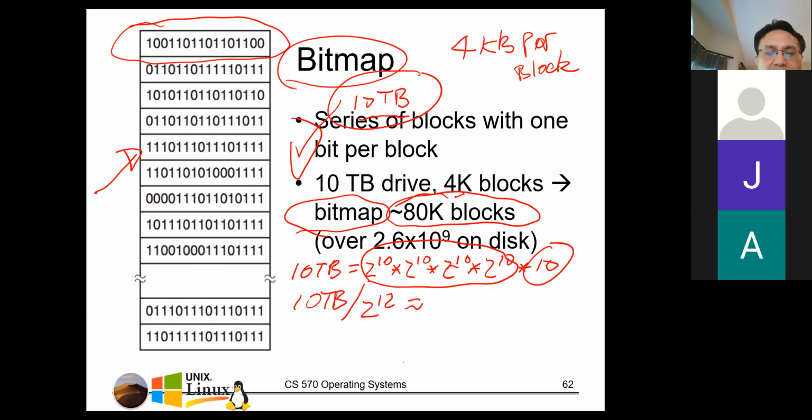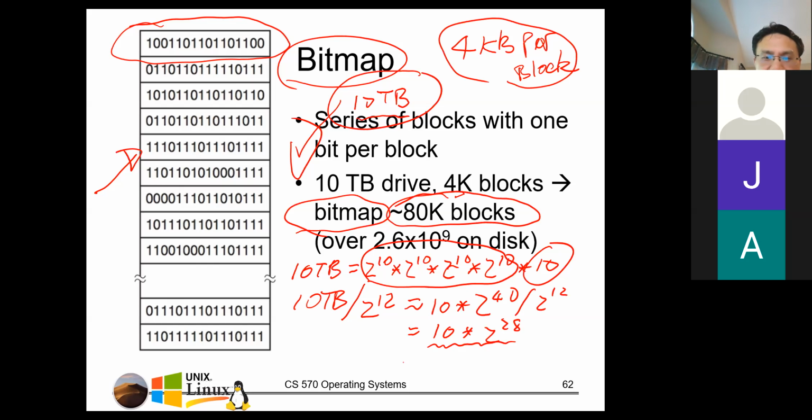We just said 10 terabytes is 10 times 2 to the 40, divided by 2 to the 12, and this becomes 10 times 2 to the 28th. So for a 10 terabyte drive, if each block occupies 4 kilobytes, then there are 10 times 2 to the 28 blocks.